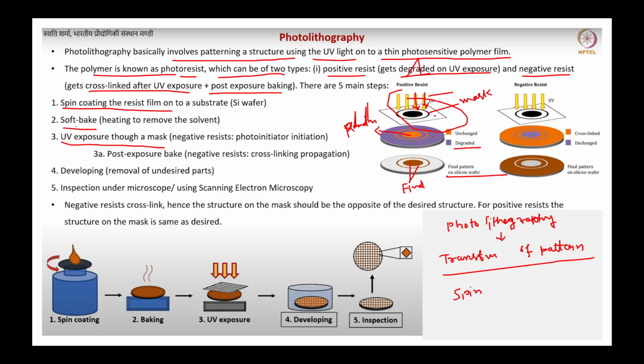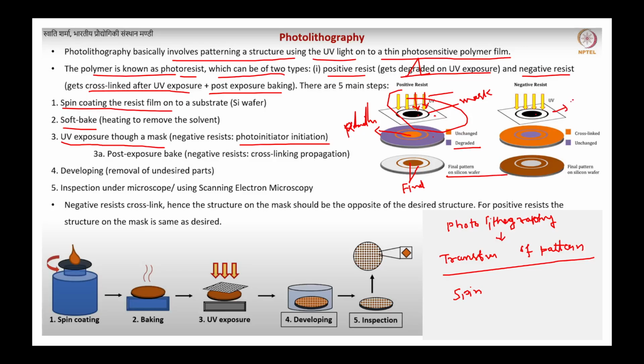Got it? Now in negative resist, photo initiation, this will be opposite. Here this is the mask, the pattern, and UV is coming, and this will not get degraded.